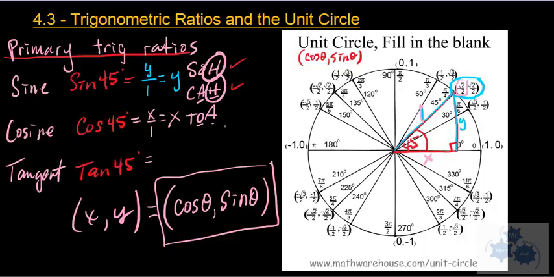Watch very, very carefully. Tan, we know, is opposite side divided by adjacent side. So for 45, what's the opposite side? Y. What's the adjacent side? X. What is y? Y is not 1. Y is sine. What is x?